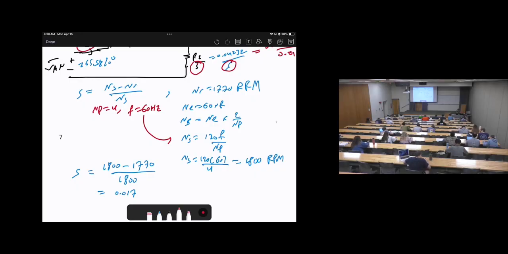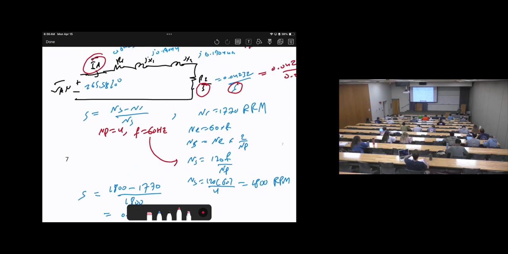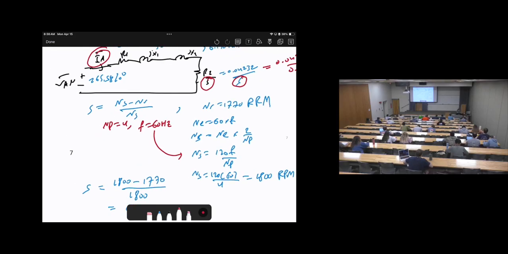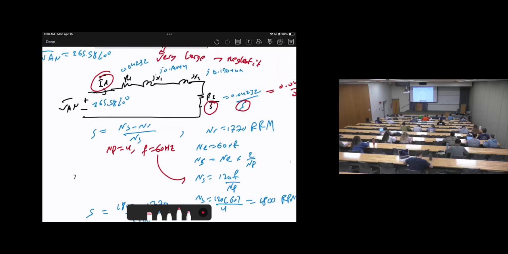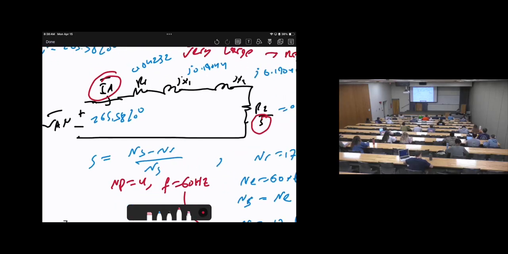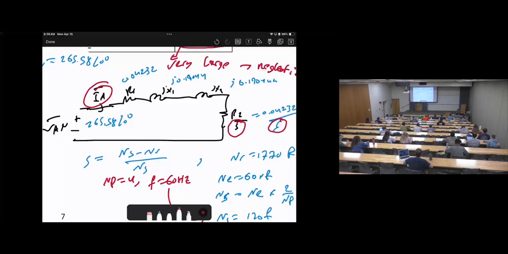After calculating S, the other thing I need to do is to calculate the currents. So I need to calculate everything in this circuit. How can I calculate the currents? Look at this circuit. It is a single phase AC circuit problem, Chapter 5. How can I calculate I?